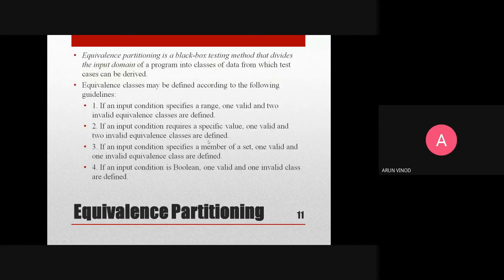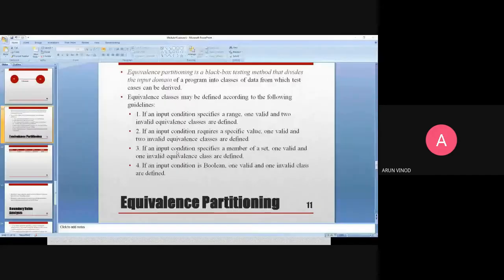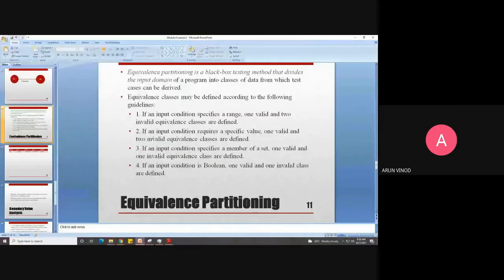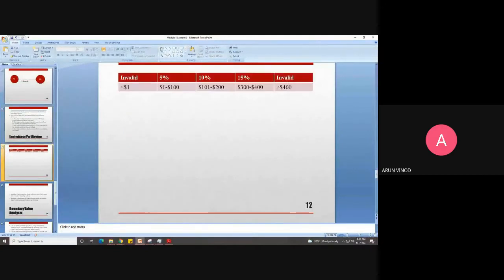If the input condition requires a specific value, right, 1 valid and 2 invalid equivalence classes are defined. See, for example, let me do one thing. Say I'll be having a value here. This is the value I have to test. If it is having 500, then it means that it is invalid.